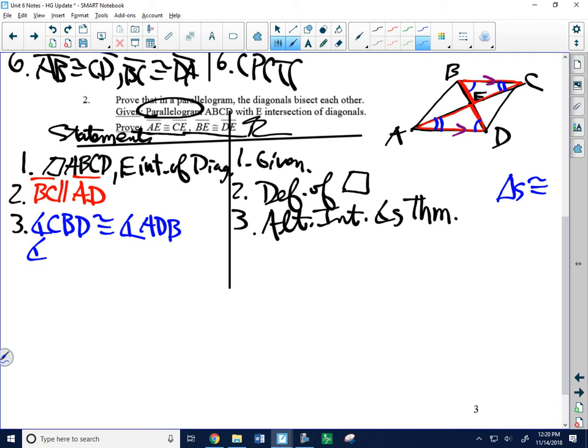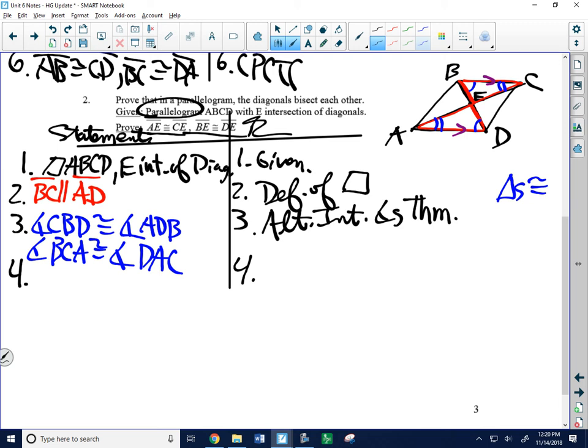So that's angle BCA or BCE, congruent to angle DAE, or I'll call it DAC. And that was still alternate interiors, still part of number 3. Okay, and again, if you'd rather, you could have done a vertical angle step.